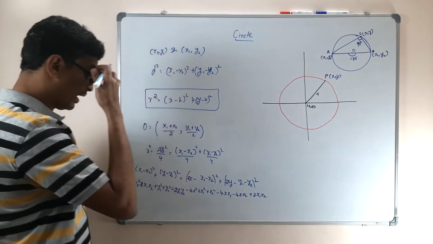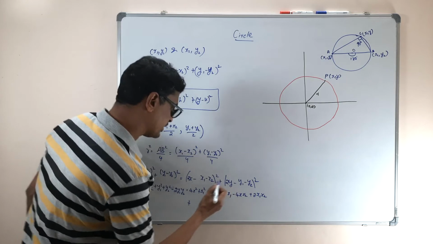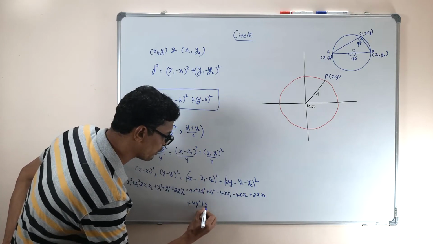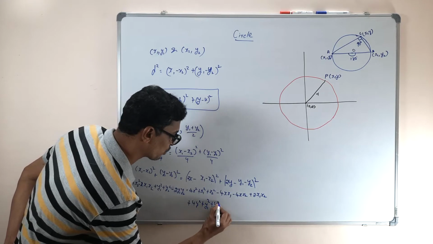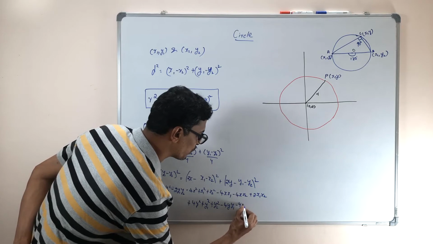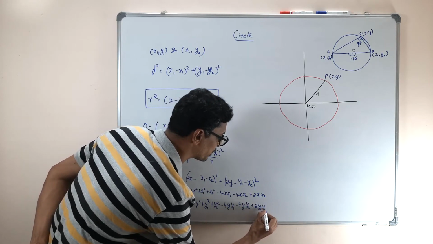Correct? And then plus this value, this number. Correct? Plus what is this? The same way it comes. 4y square plus y1 square plus y2 square minus 4y y1 minus 4y y2 plus 2y1 y2.